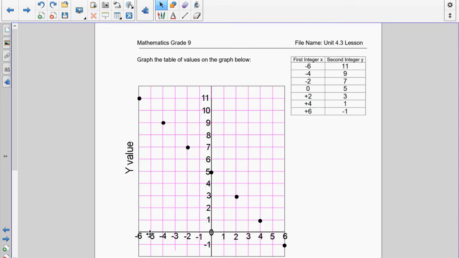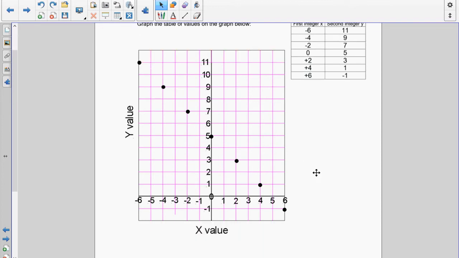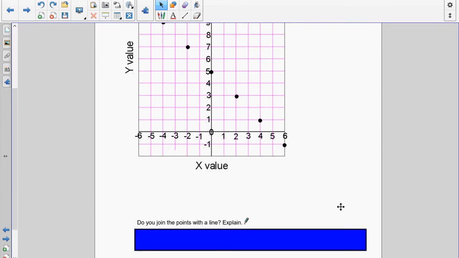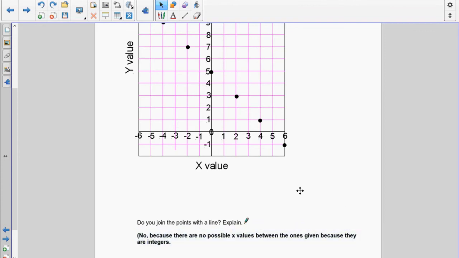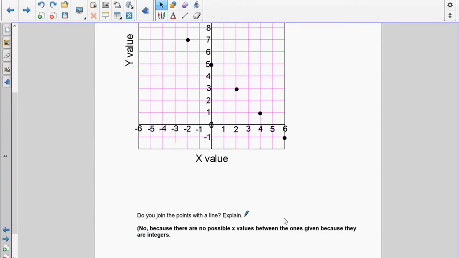I cannot have a -5.5, which means there's no way for data to be between these integers. So that means that these are not going to be joined with a line. They are what we call discrete values. They are linear, but they are not continuous. So do you? No, because there are no possible values of x between the ones given, because they are referred to as integers.